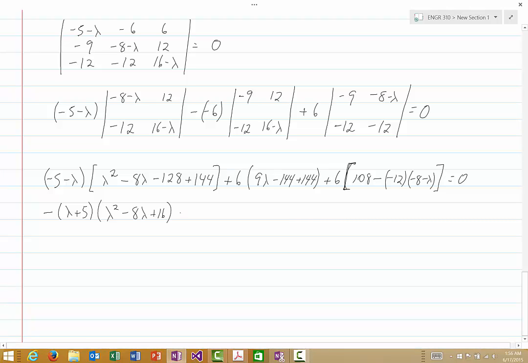Plus 54 lambda plus 6 times 108, and then we have a negative times a negative. Notice that this is negative 8, negative lambda, negative 12. So we could make all those negatives into a positive, and we get minus 96 and minus 12 lambda.